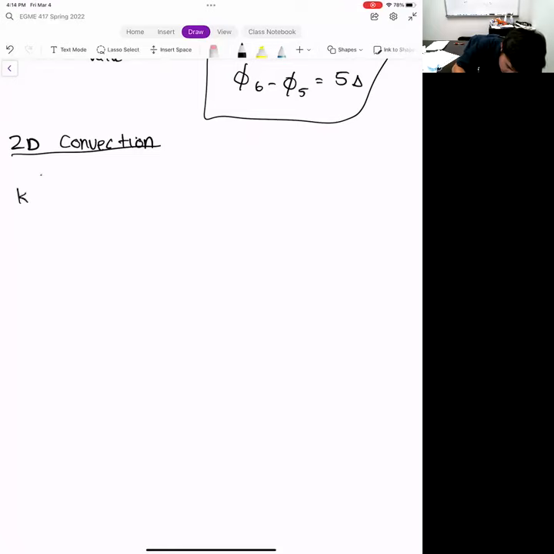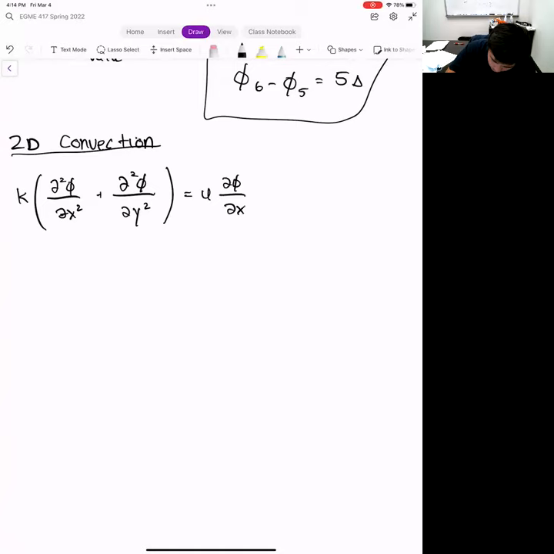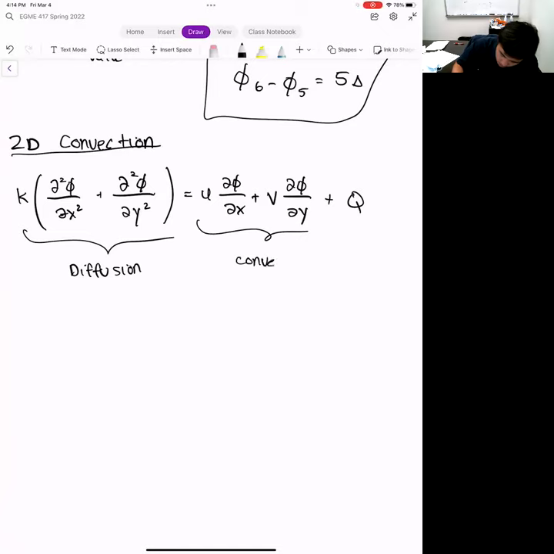And so we have k multiplied by partial squared phi partial x squared plus partial squared phi partial y squared, is equal to u partial phi partial x plus v partial phi partial y, plus q. Where these are our diffusion terms, these are our convection terms, and this is q, the source term.